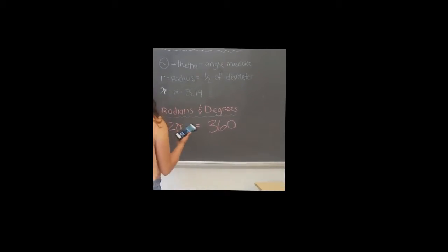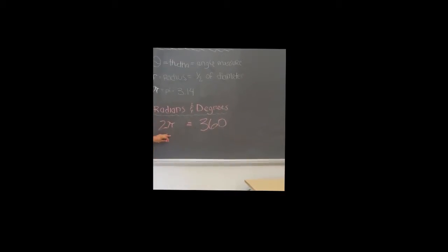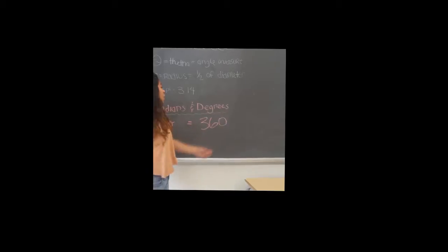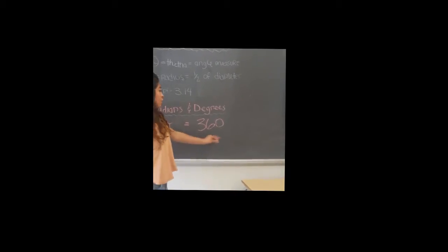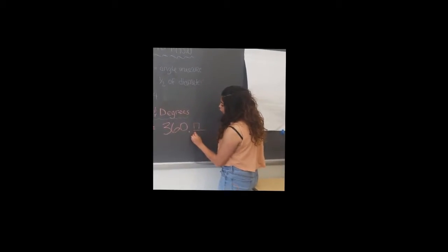Okay, you guys, we're going to try to find the radians and degrees. This is the radians, which is 2 pi, and then we have 360, which is the degrees. To convert degrees into radians, you have to multiply by pi over 180.